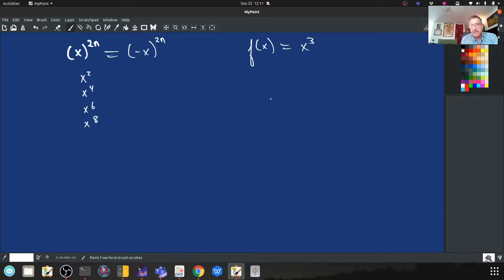As a matter of fact, if x is negative, for example minus 2, minus 2 cubed is equal to minus 2 times minus 2 times minus 2, which is equal to minus 8. Why? We have an odd number of negatives. Whereas 2 cubed is equal to positive 8. I wrote the positive there just to emphasize.